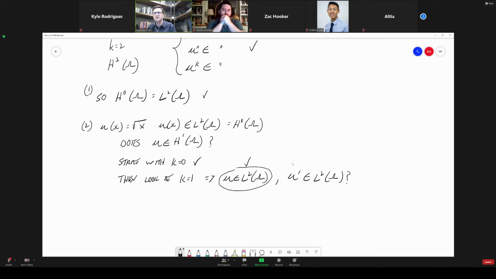That one we already did. So u prime of x is equal to 1 over 2 times the square root of x, which was not contained in L2. Our u of x is contained in H0.